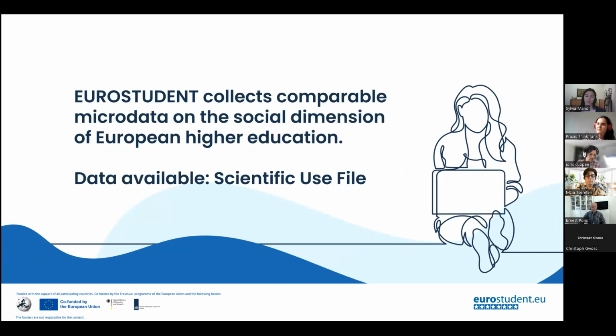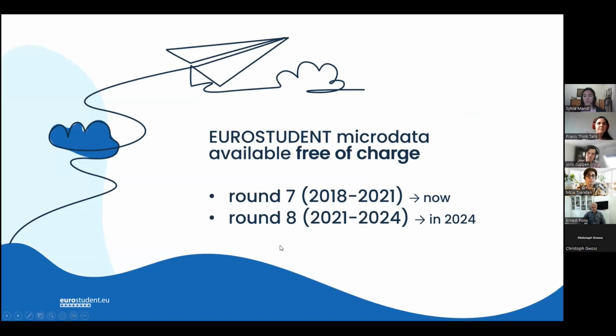The data is available in a scientific use file, which is free of charge, so you do not have to pay for it. For round 7, which took place between 2018 and 2021, the scientific use file is already available now.